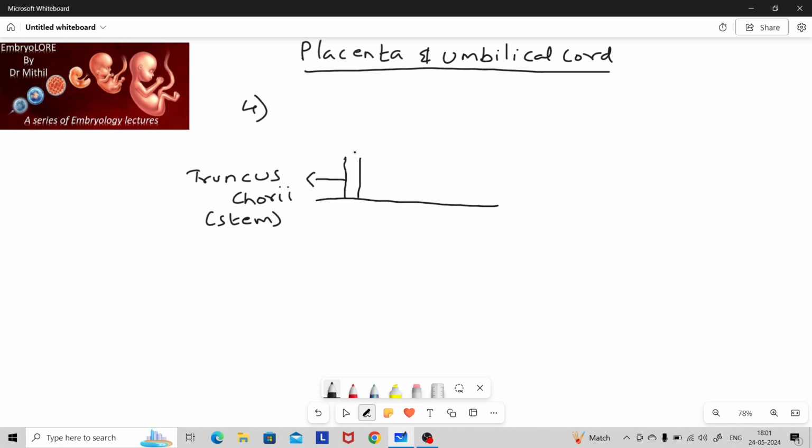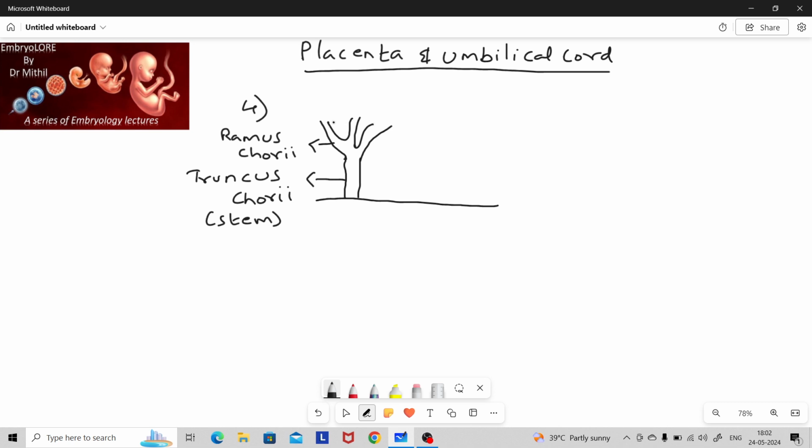From the main stem we will be seeing the branches. When these are the branches, we will call them with the scientific name, the ramus chorii.